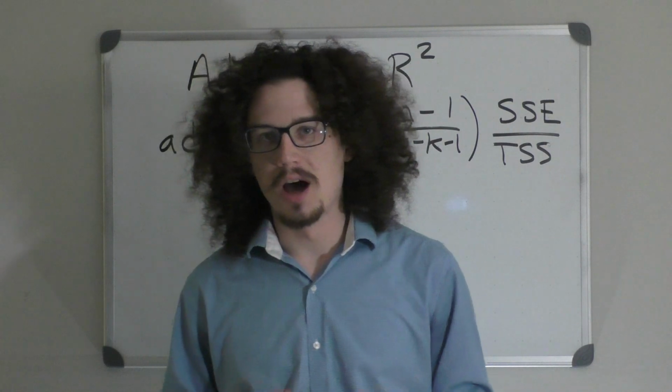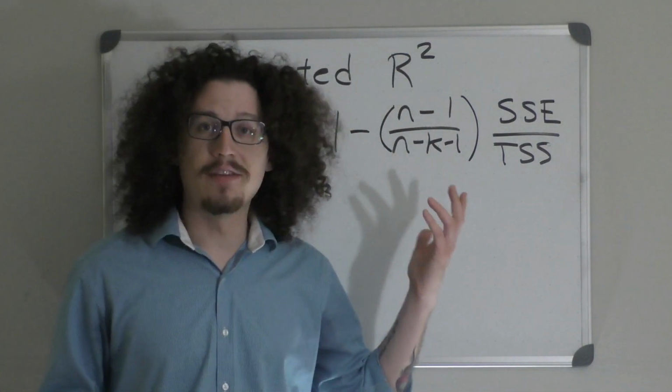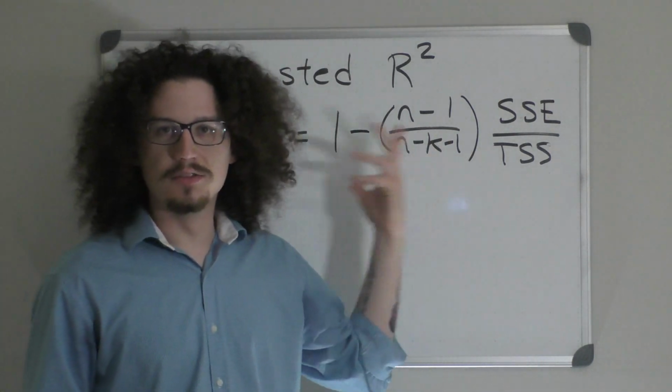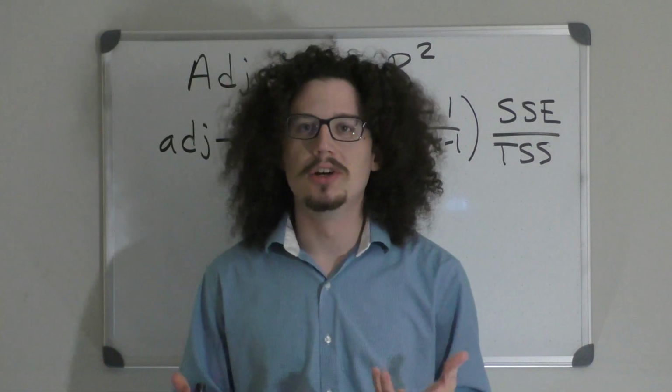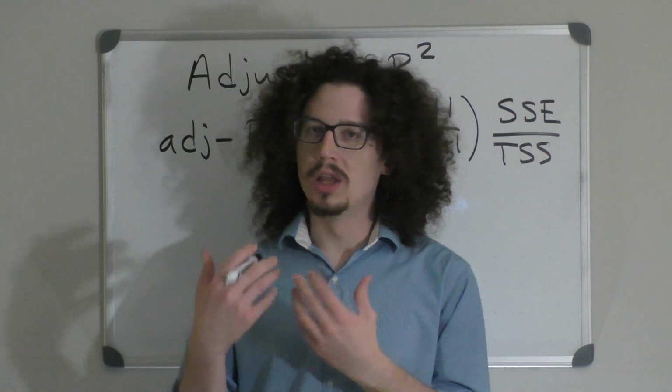You could have a negative adjusted R-squared theoretically. This is not going to be very common, but if this term gets large enough, then that could happen. It's not going to, but it could. So it's no longer that ratio.